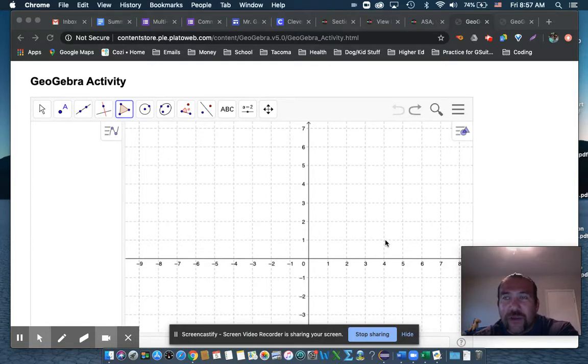The goal of this tutorial is to understand how triangles are congruent via ASA, SAS, and SSS. The ability to use the GeoGebra program is not as key. So I want you to play around with it a little bit today, but just remember, tutorials are practice.